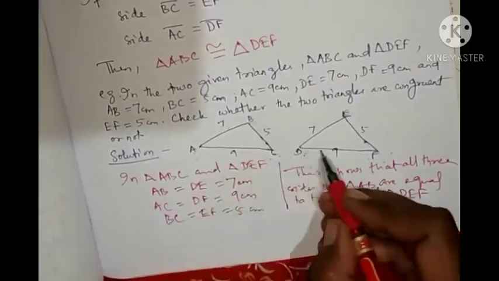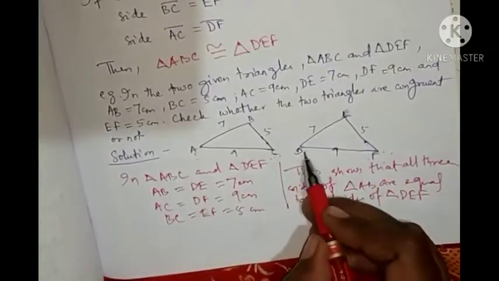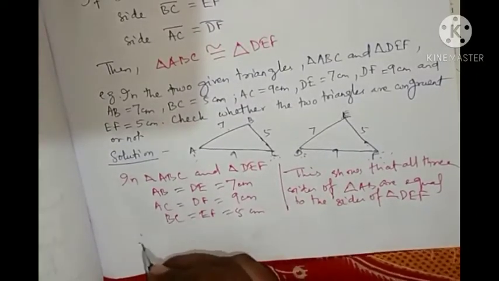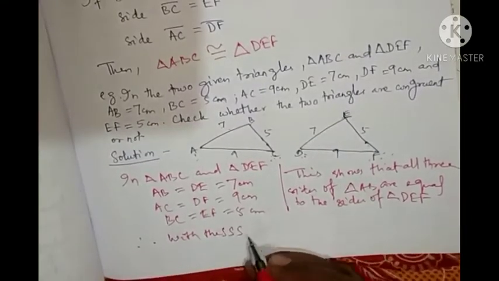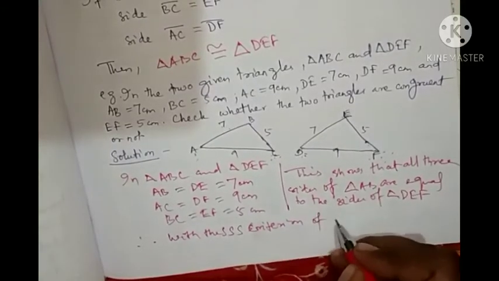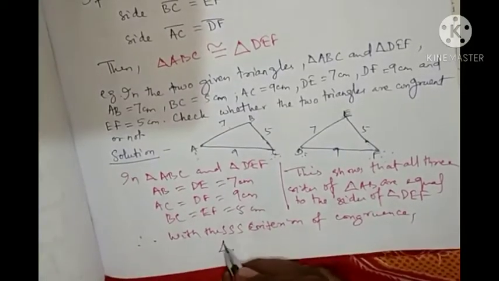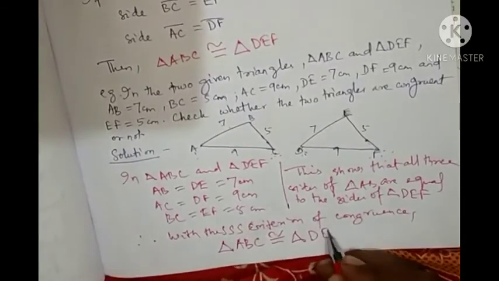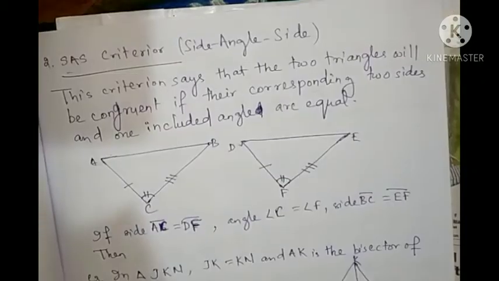That means AB corresponds to DE, BC corresponds to EF, and AC corresponds to DF. These are equal. Hence, by the SSS criterion of congruence, triangle ABC is congruent to triangle DEF. So this is about side congruence.